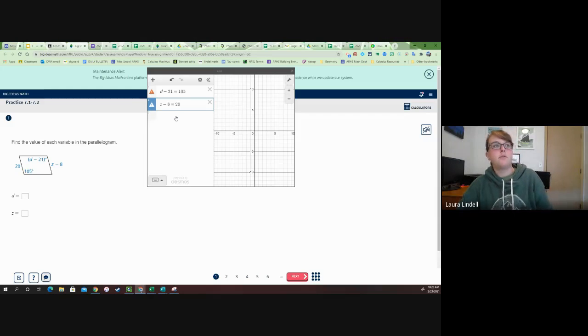If you started off with two equations, z minus 8 equals 20 and d minus 21 equals 105, you're on the right track, since we're setting the opposite angles equal and the opposite sides equal. A lot of setting things equal.